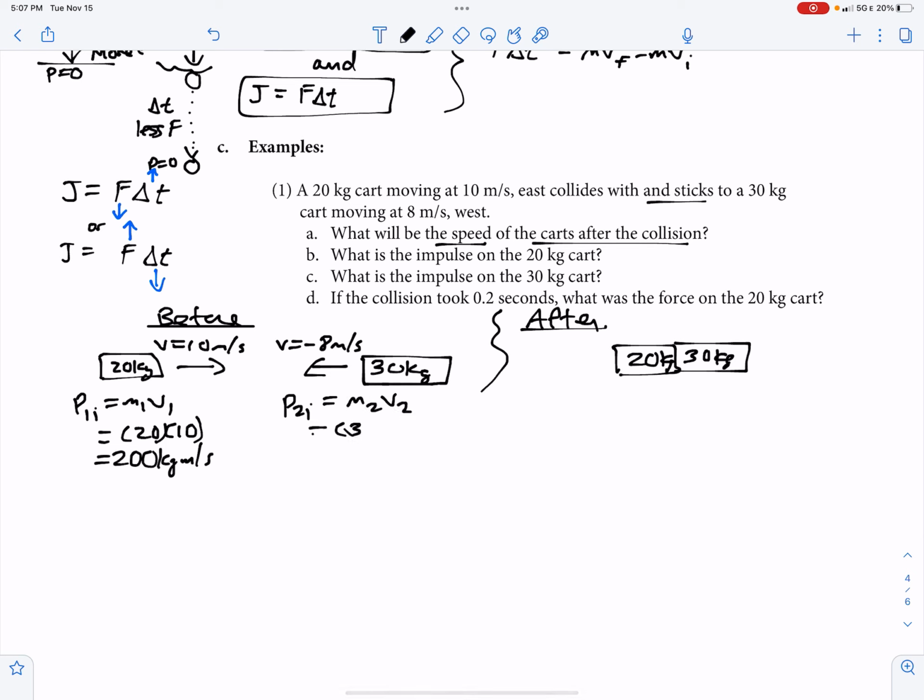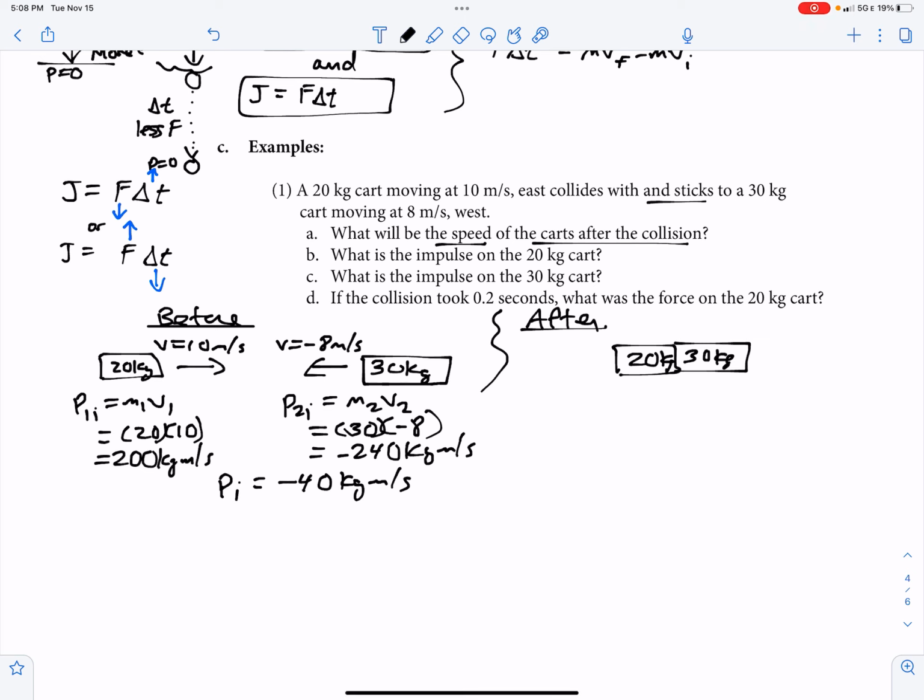And that's going to be 30 times negative 8, which would be negative 240 kilograms meters per second. So P initial, the initial momentum, is the sum of these two, or negative 40 kilograms meters per second.